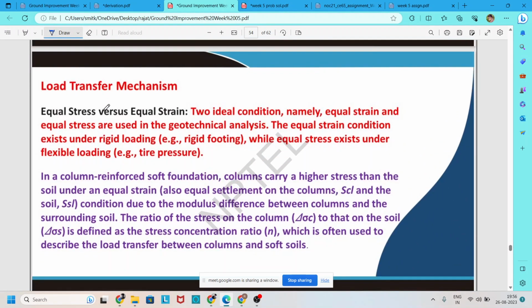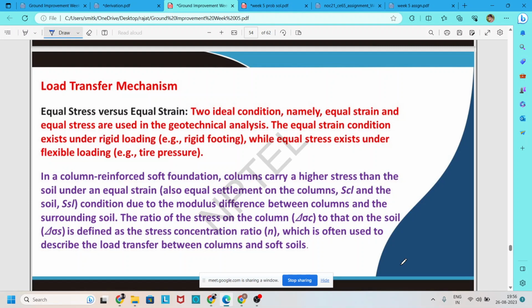So now we can start the load transfer mechanism in the deep replacement method. In the load transfer mechanism, we now discuss one by one different types of load transfer mechanism in the deep replacement method for composite columns. In geotechnical engineering, two types of load transfer mechanism are used. First one is equal stress, the second one is equal strain.